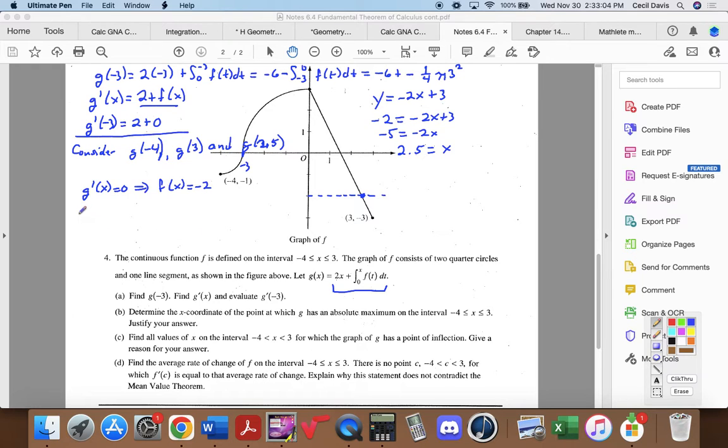All right, so g of negative 4 is going to be equal to 2 times negative 4. And since I've already done this once, I'm going to change it to minus the integral from negative 4 to 0 of f of t dt.